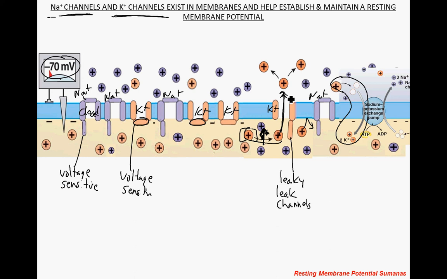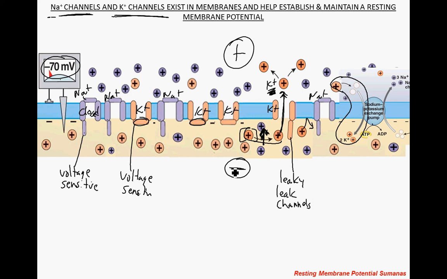So subtly, if you are paying attention here, you might notice that since potassium diffuses out and it's positively charged, it's taking positive charge with it. So these leaky channels are also contributing to the overall net positive charge on the outside of the cell, and the inside of the cell becoming less positively charged, or negatively charged.